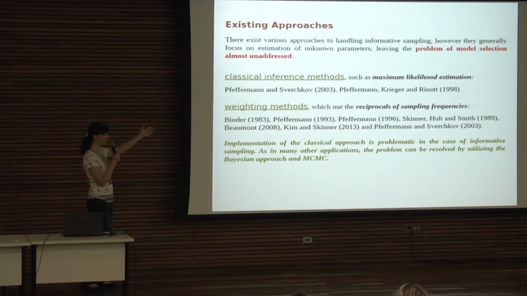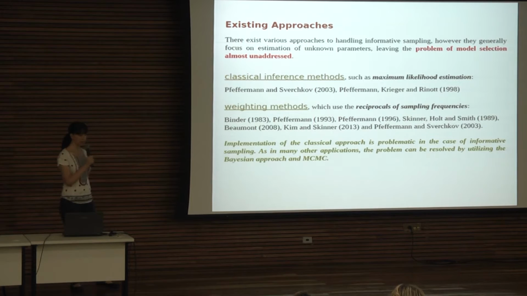Here are some references to these methods. Implementation of the classical approach is problematic in the case of informative sampling, but as in many other applications, the problem can be solved by utilizing the Bayesian approach and MCMC.